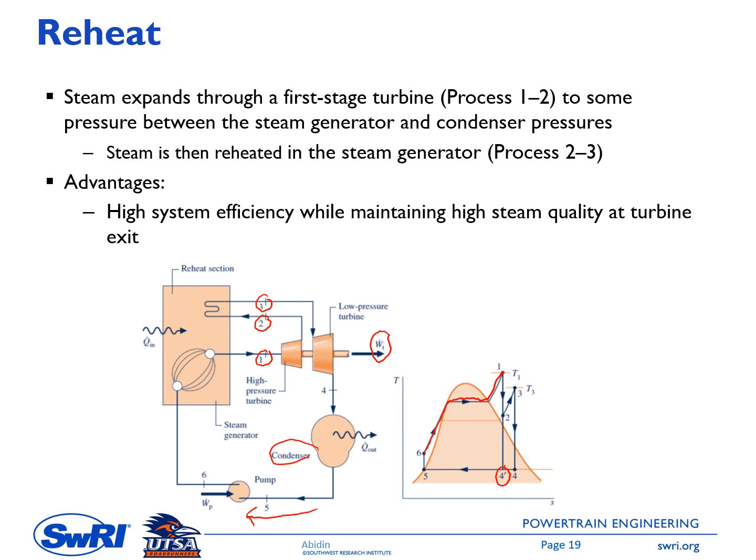But now, if I have a reheater that reheats the steam from point 2 to point 3, I have a better steam quality at point 4. So once again, by having a reheater, I can still maintain high system efficiency because of a high TH while maintaining high steam quality at the turbine exit.